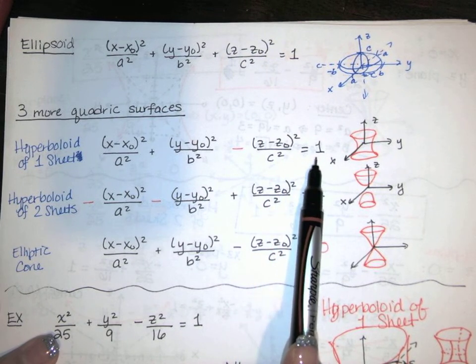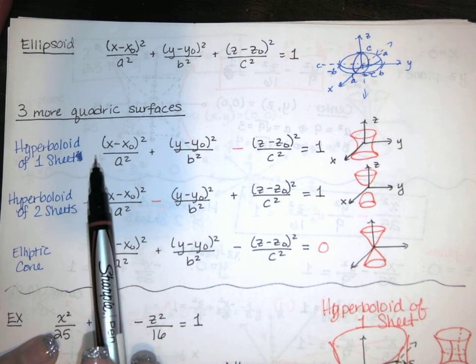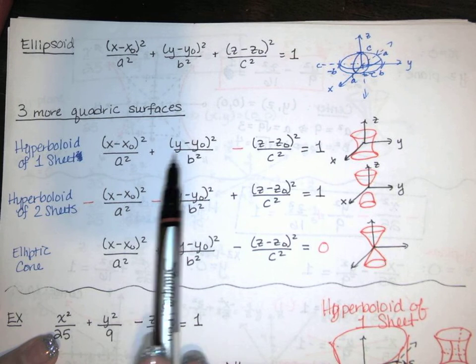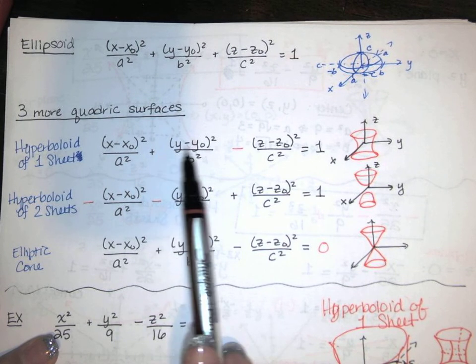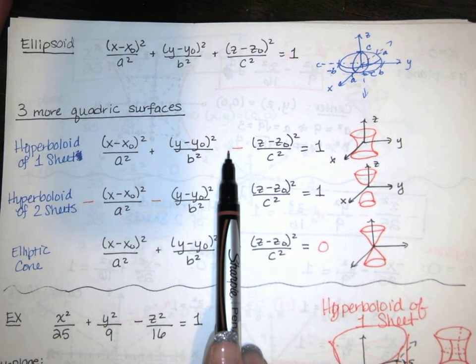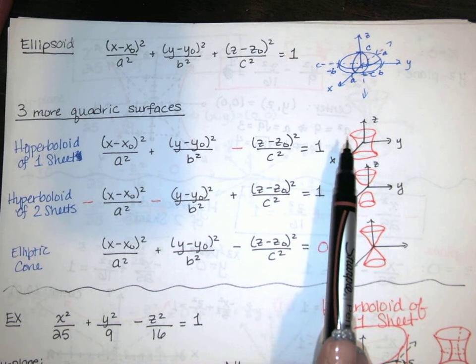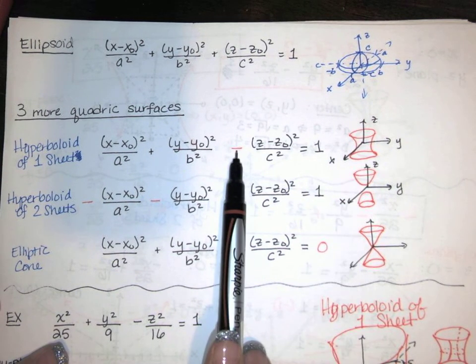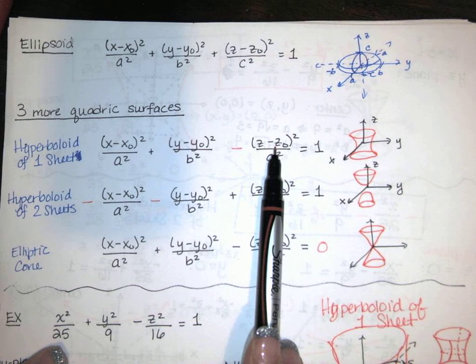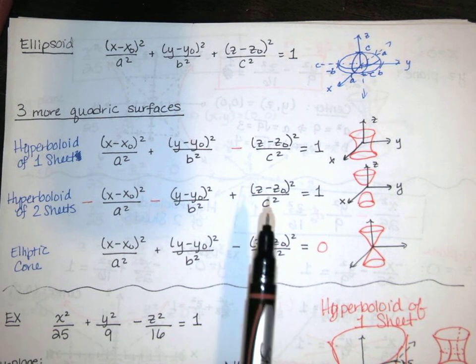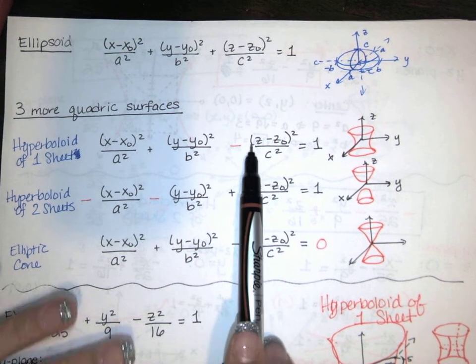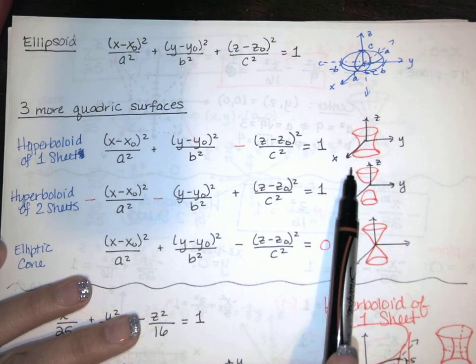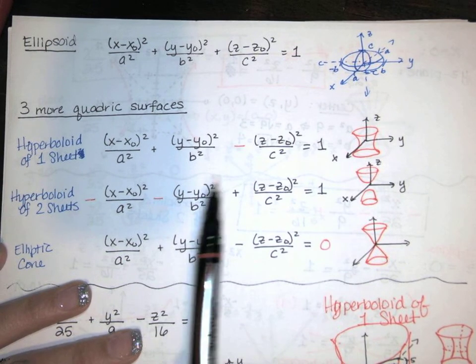Right-hand side is 1, but instead of having 3 terms that are positive, you've got 2 that are positive and one that's negative. And that leads to a hyperboloid of one sheet. The axis of symmetry is given by the variable of the term that's negative. So this is a negative z term, so it opens on the z-axis.